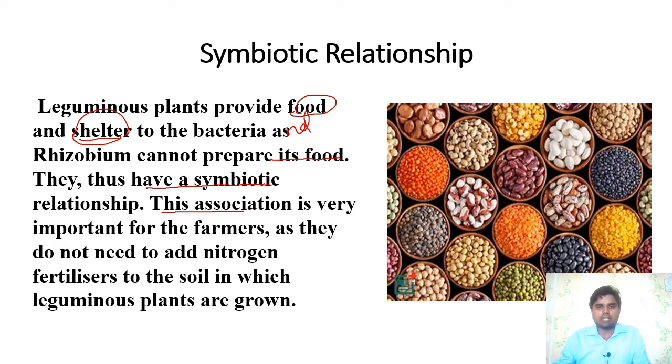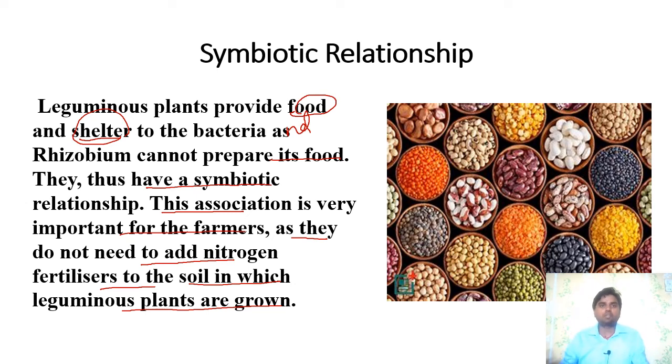This association is very important for the farmers, as they do not need to add nitrogen fertilizers to the soil in which leguminous plants are grown. So student, if the soil requires the nitrogen, we simply have to crop the leguminous plant in those fields.